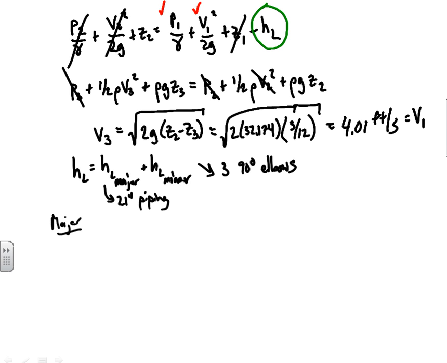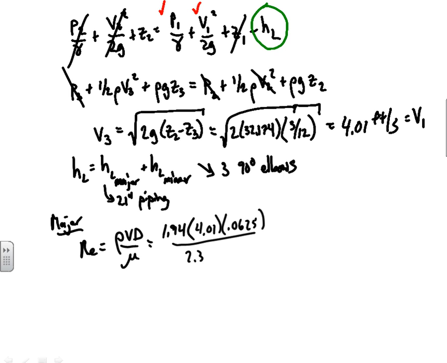To calculate the major loss, we need to get the friction factor. To get the friction factor, we need to determine the flow regime. To do that, we must calculate the Reynolds number. Reynolds number is rho V D over the viscosity: 1.94, velocity 4.01, diameter 0.0625, divided by the viscosity, 2.34 times 10 to the minus 5.